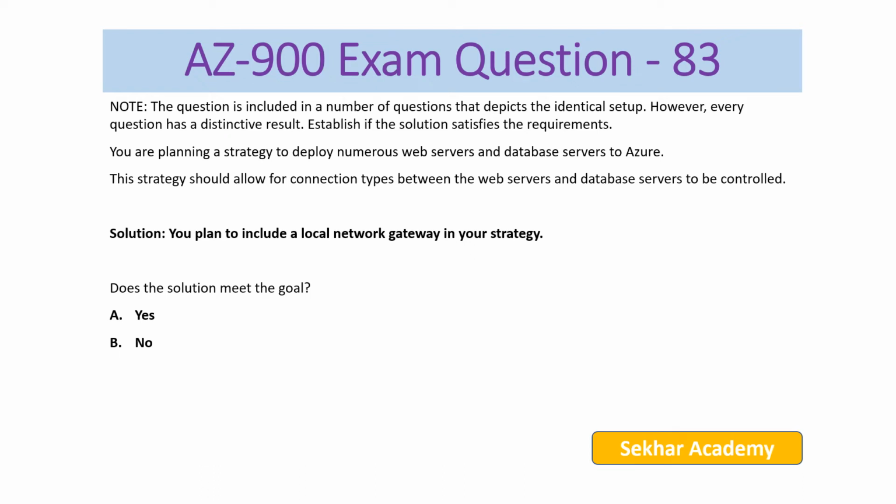You give this site a name by which Azure can refer to it. Then specify the IP address of the on-premises VPN device to which you will create a connection. So does the solution meet the goal? The right answer is B. So this solution does not meet the goal.